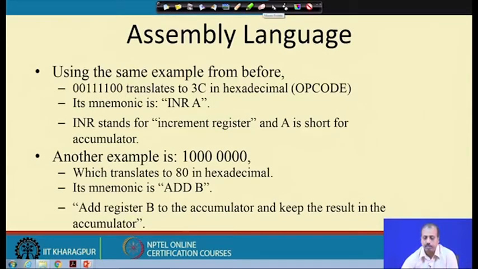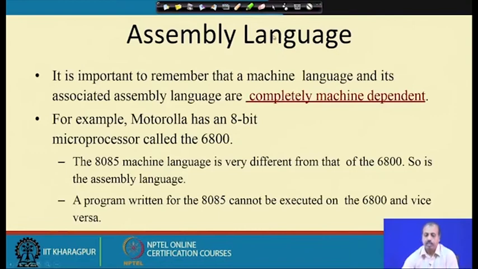This way, assembly language programs help in understanding the meaning of the machine language program for the users, not for the processor. The processor is happy with the machine language code in binary format, but for human understanding we use assembly language. It is important to remember that a machine language and its associated assembly language are completely machine dependent.